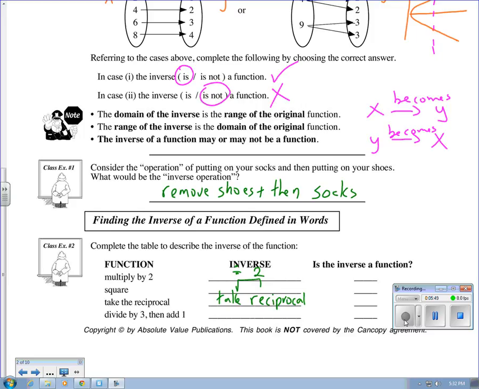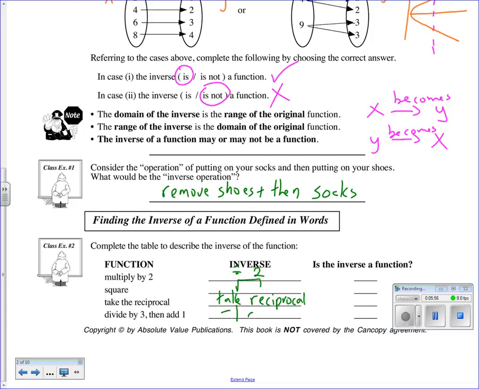And the inverse of dividing by 3 and then adding 1 is to reverse that, subtract 1, and then multiply by 3.